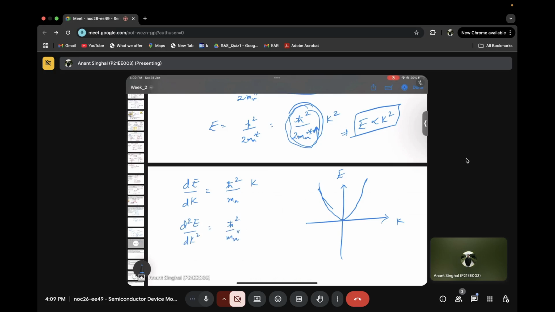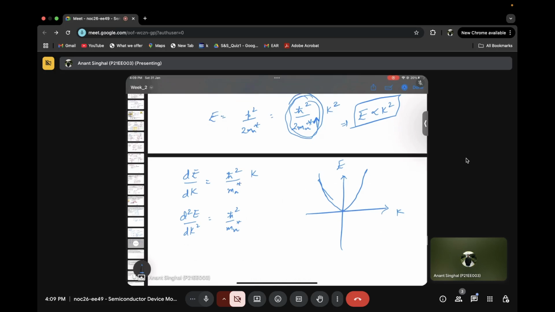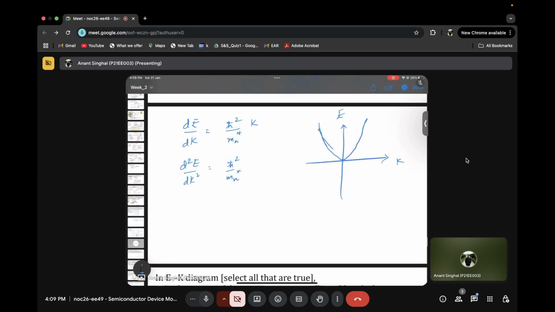Is it clear what I've done here? Okay, so I can easily write now the effective mass as h cross square divided by the slope term, the second derivative. So now you can clearly see that if this number is higher, this will be lower. So the lesser the effective mass, the higher would be the slope.